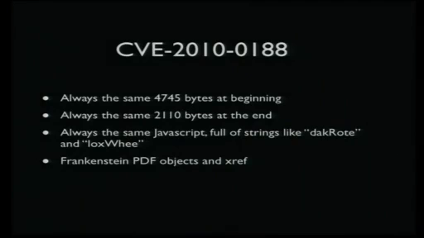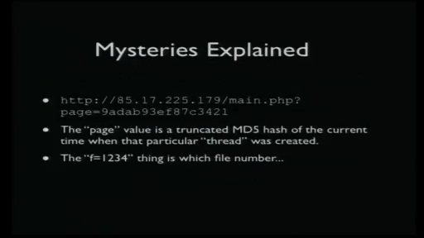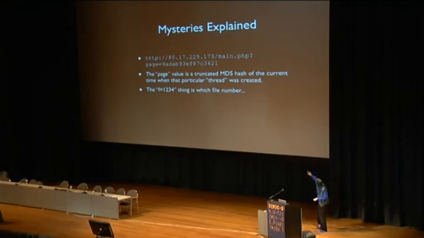In fact, there was a great deal of effort put into changing the URL name, because the old ones look like this, and it's really, really easy to detect when somebody's about to be exploited, because it's always main.php and a question mark and then page equals and a bunch of hex values.